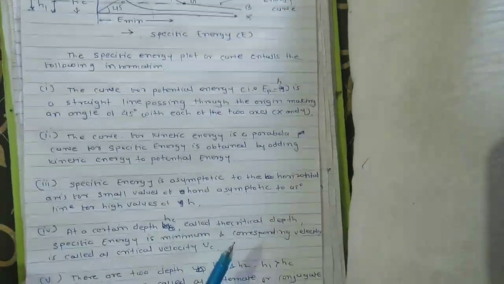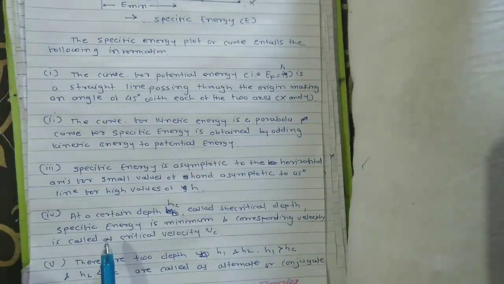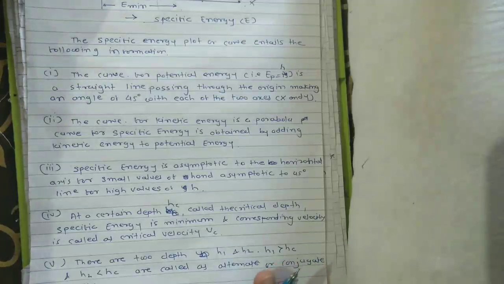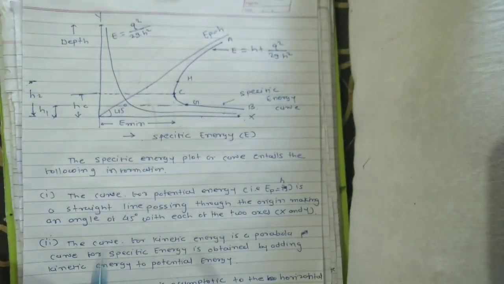Next property: at a certain depth hc, called the critical depth, the specific energy is minimum. Just see what this point means.